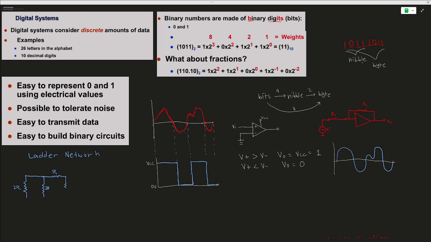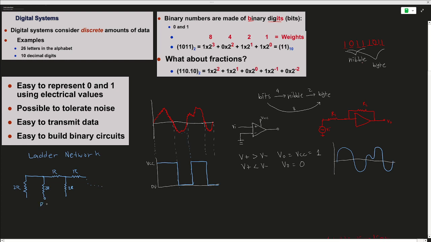and then another 2R here, and then an R, okay? And then you just add more. Basically, in each part, here is your digital input, and this is connected to ground, okay? And in this part is your analog output, okay?